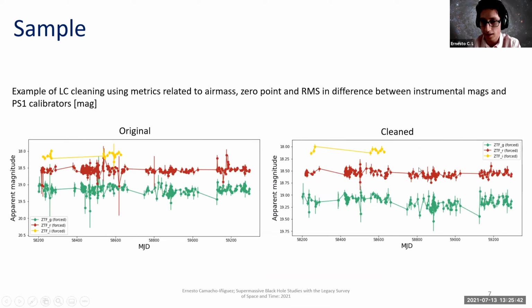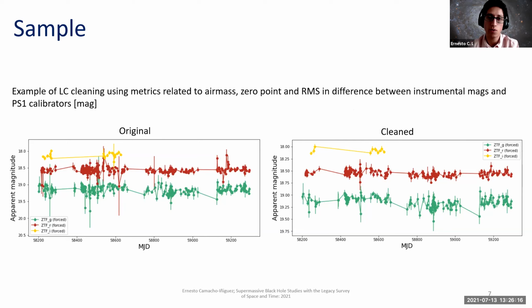Here you can see in this example at the right the cleaning of this particular light curve using metrics related to airmass, the zero point, and the RMS of the difference between PS1 calibration and instrumental magnitudes. This is work that is still ongoing, because we are exploring this metric space for parameters that help us to clean outliers like this one, cleaned right here, without removing any real data.